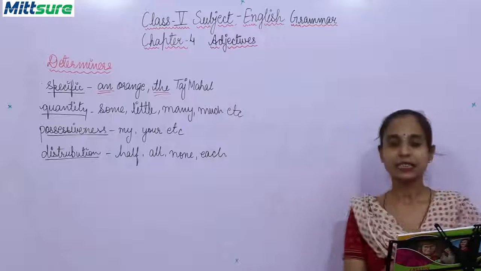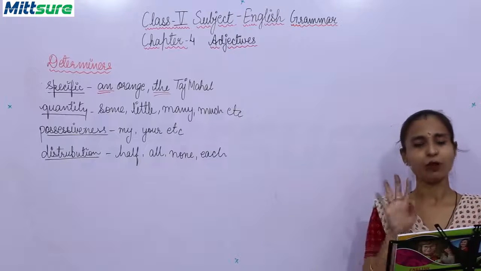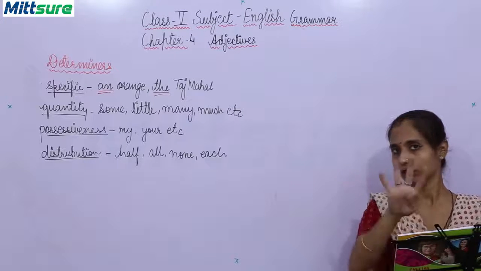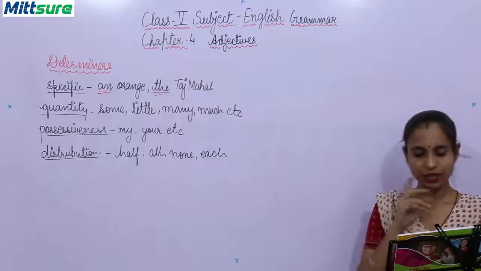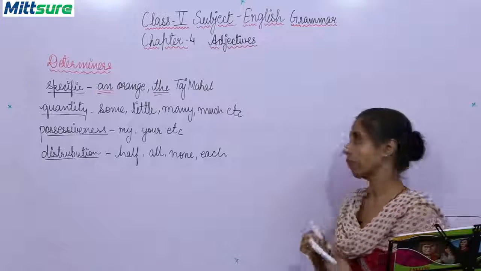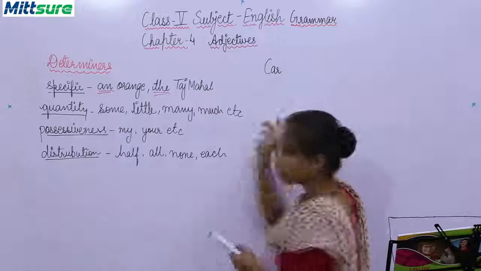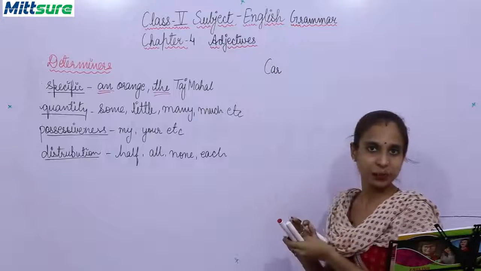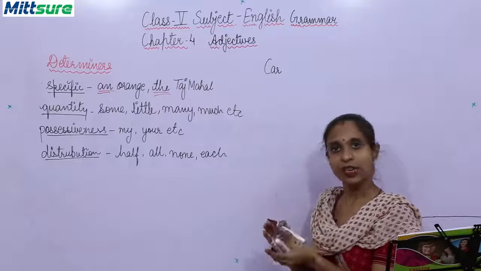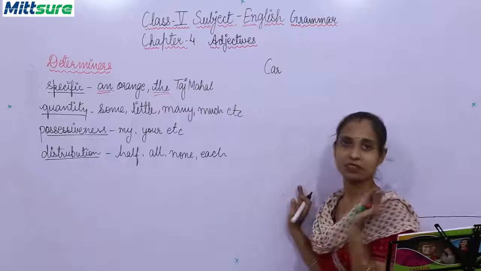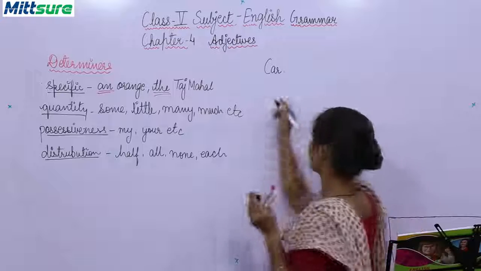Now, let us discuss in short about 4 more adjectives. In very short, the first one is cardinal adjectives. Only the other name has been given to them, alright. Otherwise, these are the same adjectives which we have already studied.